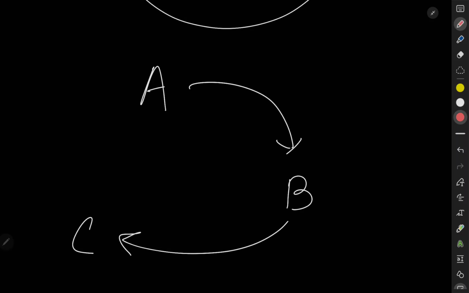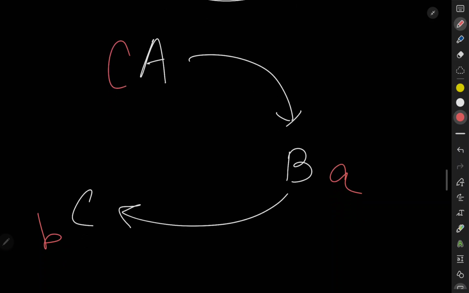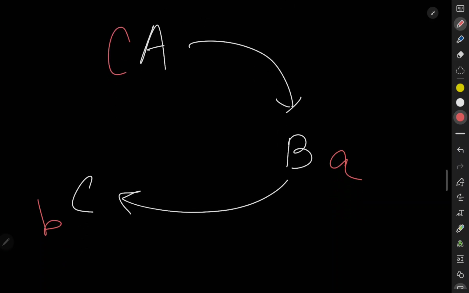If we shift it over here clockwise, it will be A, B and C. And just for the sake of mnemonic, kindly rotate this. It will look like this, almost a G.